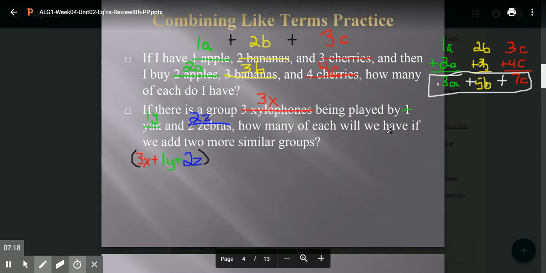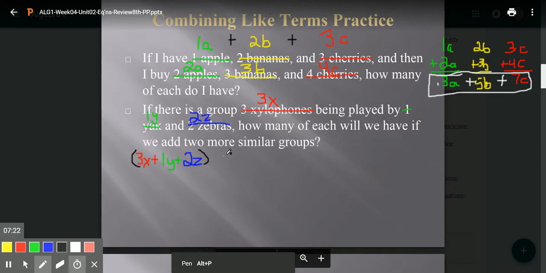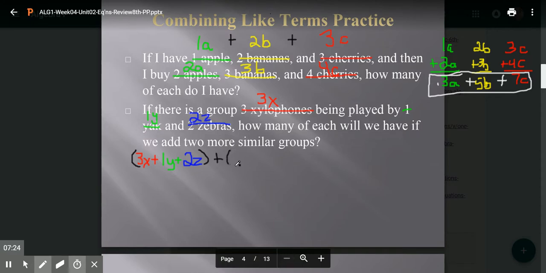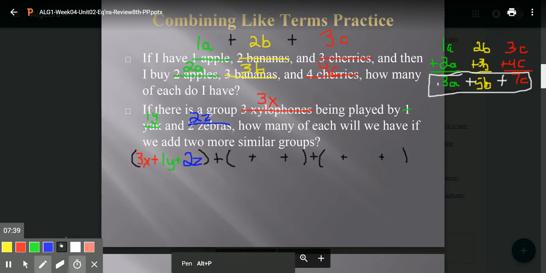Okay, and then if we're going to add 2 more similar groups, then we can go plus, plus, and then plus. All right.